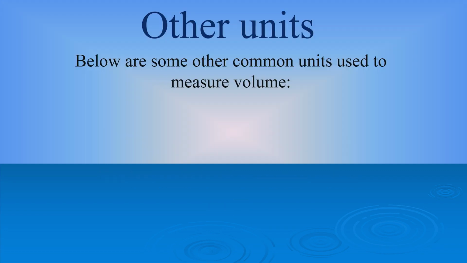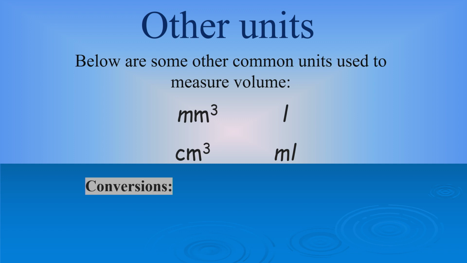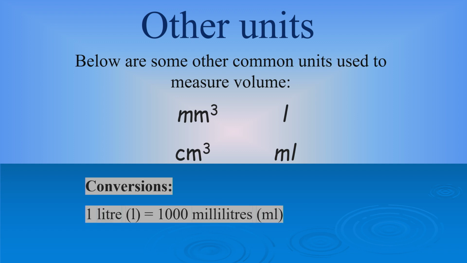Some other units that are commonly used are the millimeter cube, the liter, the centimeter cube, and the milliliter. Let's recall that 1 liter is equal to 1000 milliliters, and 1 milliliter is equal to 1 centimeter cube.